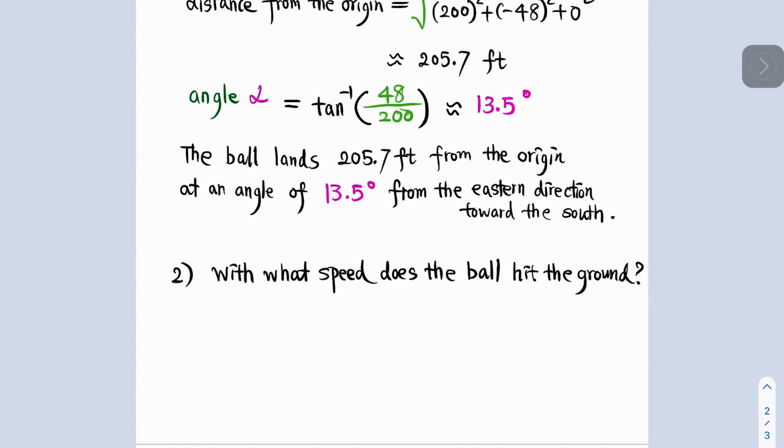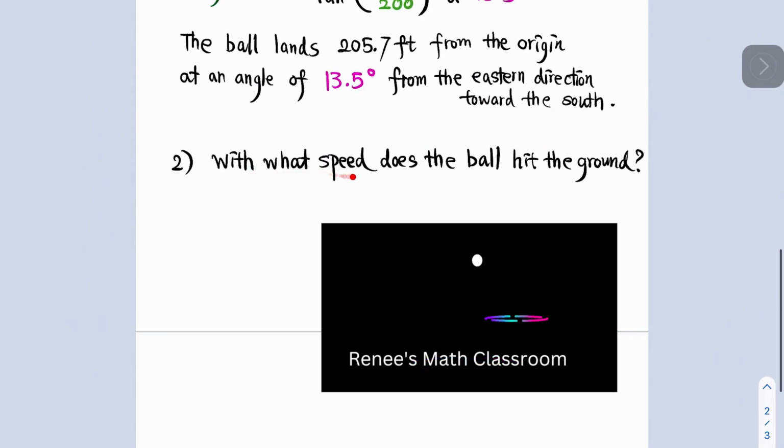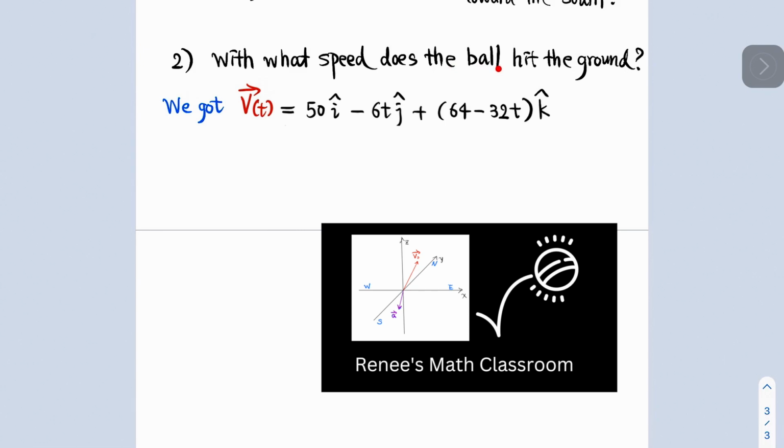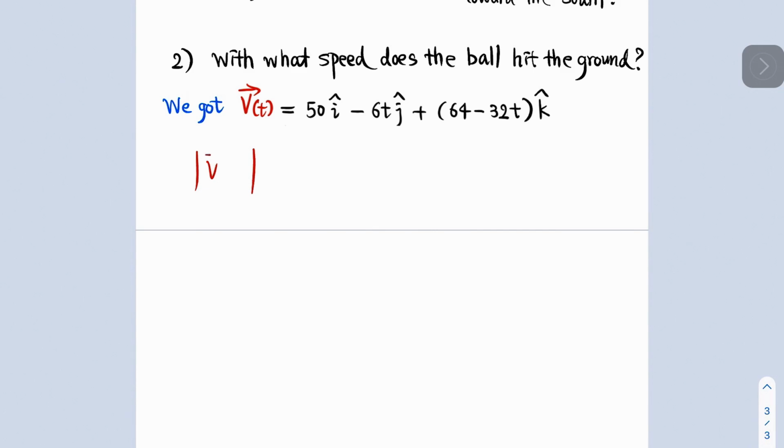The second part of the question asks: with what speed does the ball hit the ground? Since we already have the velocity function, to find the speed when the ball hits the ground, we just need to find the magnitude of the velocity at the time the ball hit the ground, which is 4 seconds. Substituting 4 for t, the velocity vector is 50i - 24j - 64k.